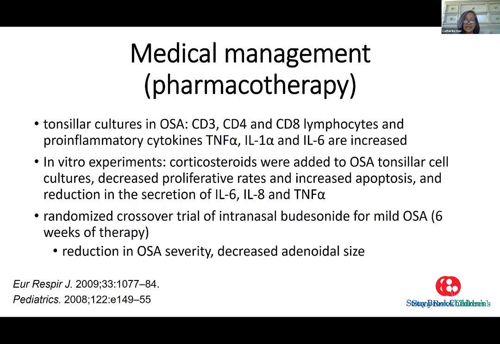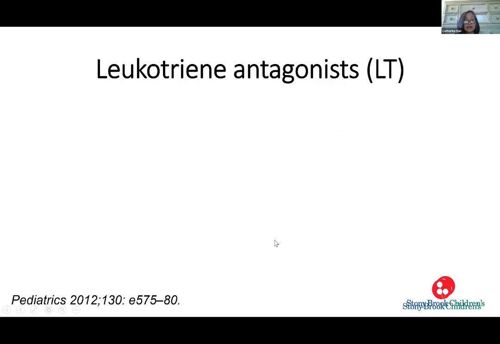When they did in vitro experiments and put corticosteroids on these tissues, there were decreased proliferation and apoptosis and reduction of these cytokines. Clinically, in a big randomized crossover trial of intranasal steroid for mild OSA, with at least 6 weeks of therapy, there is reduction in OSA severity and decreased adenoid size.